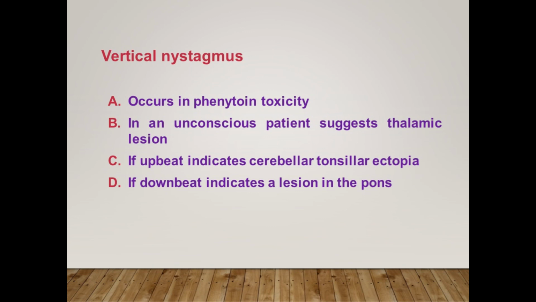And you have to know that an unconscious patient with a thalamic lesion may suffer from down deviation of the eye, and downbeat nystagmus may be associated with Arnold-Chiari malformation syndrome.